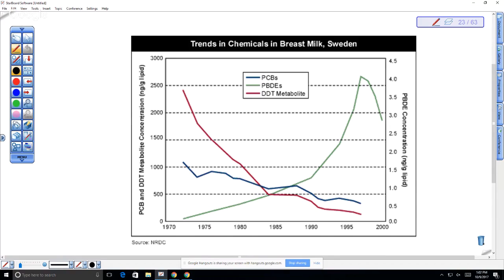Okay. The other thing is that we know that breastfeeding reduces the risk of cancer in the mother. And so it could be that this accumulation of these organic pollutants in the breast is actually leading to breast cancer, and that if you lactate, you can actually get rid of these pollutants and have a decreased likelihood of breast cancer.